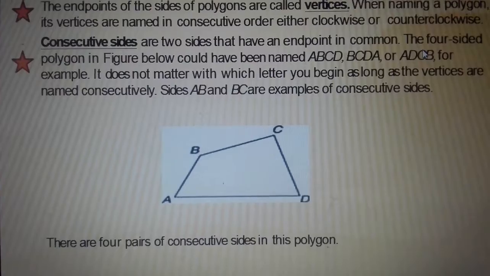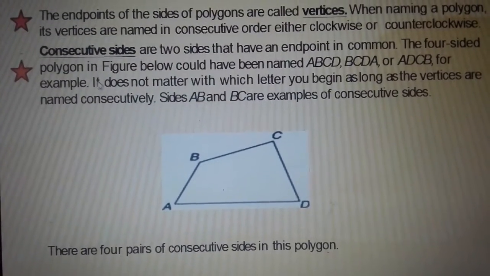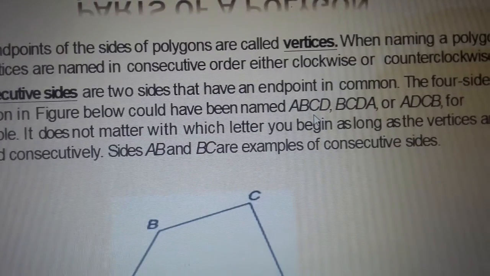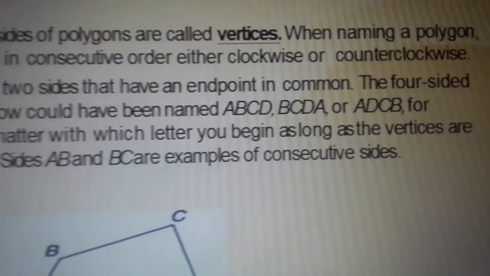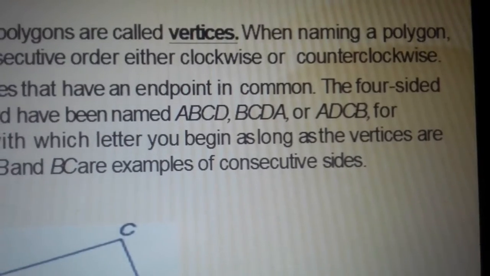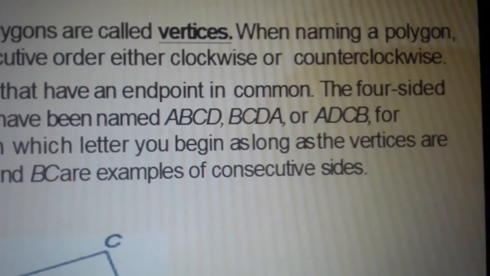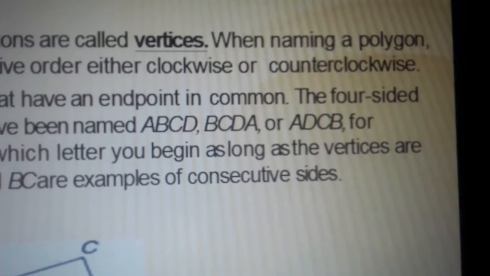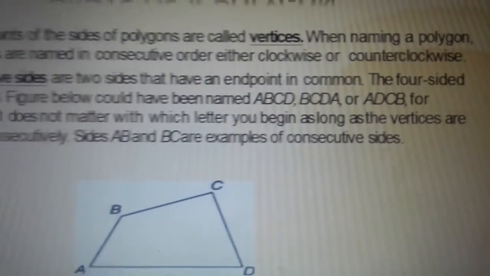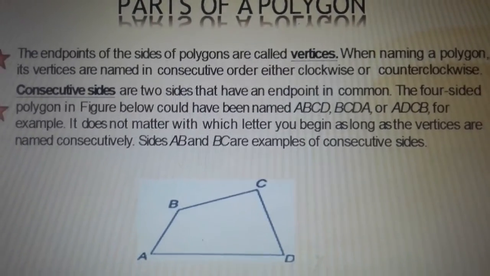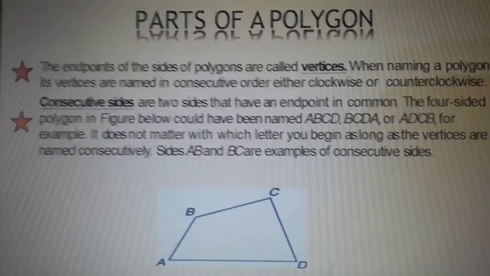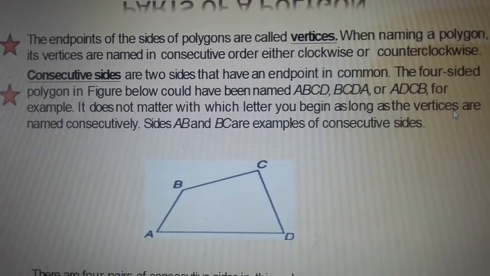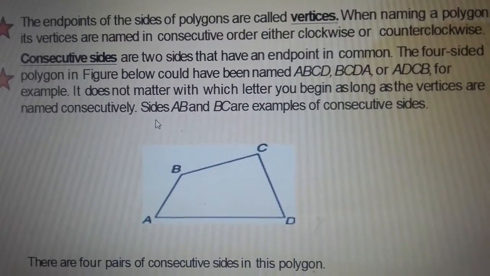Next, the four-sided polygon in the figure below would have a name. We can give the polygon name overall. The polygon name we can give as ABCD, BCDA or ADCB. These are all examples. It does not matter with which letter you begin as long as the vertices are named consecutively.